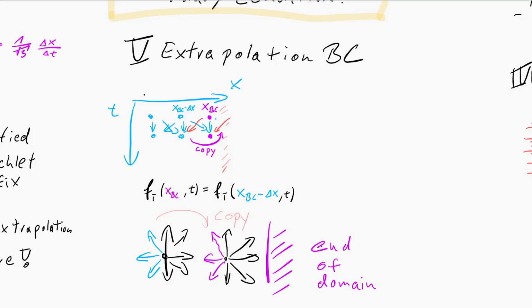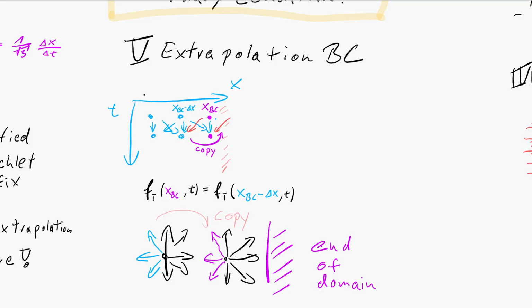It is the position where the physical flow leaves, but it is also the position where we have a missing distribution, and so we get this missing distribution just by copying it from the neighboring node. And this is supposed to be zero-order extrapolation.